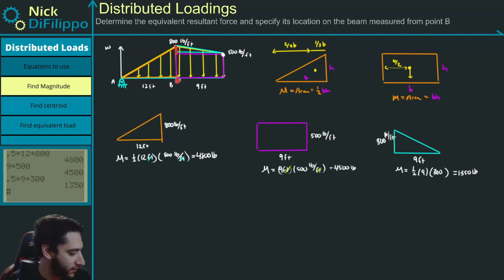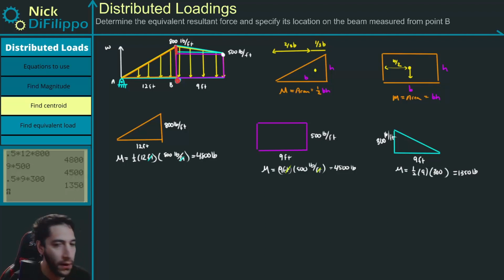And to do that, I'm going to draw this representation of what my beam is. This is going to be point A, and this right here is going to be point B. So I'm going to draw all of these in.